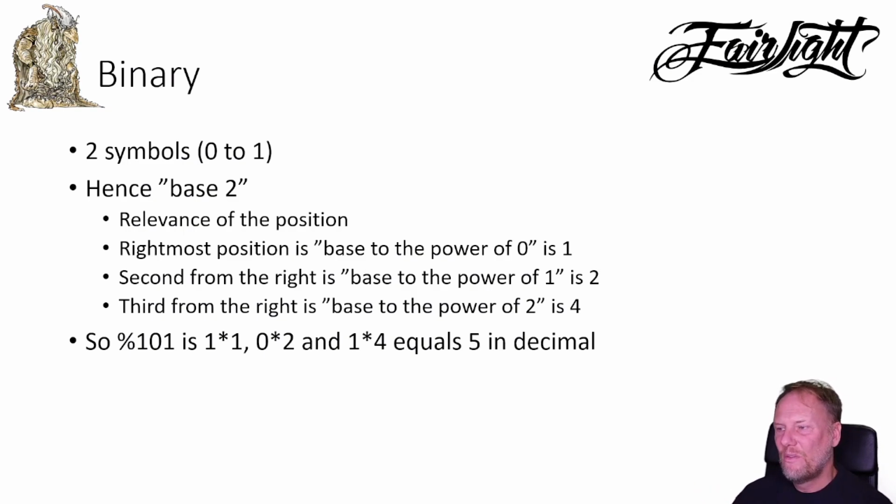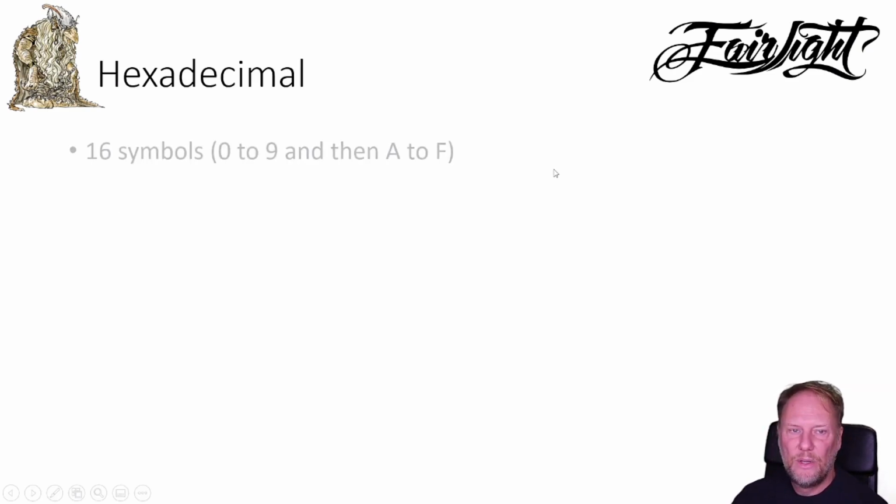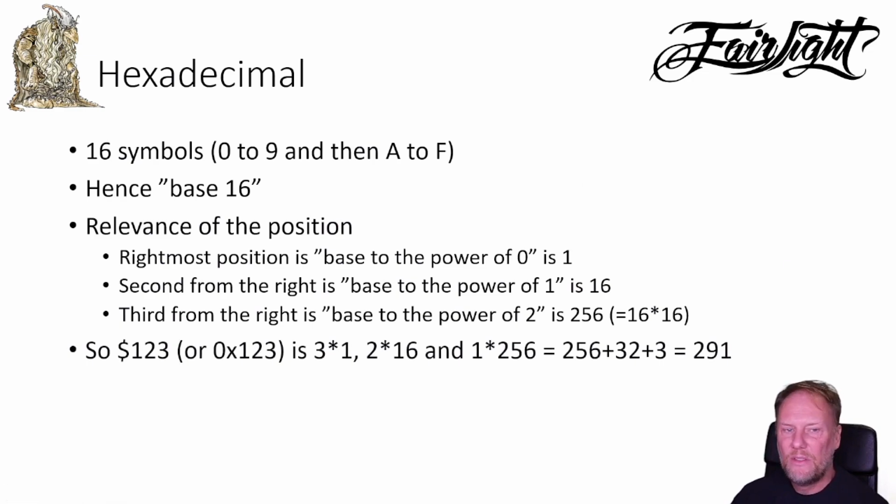And that is a key argument to find something which expresses binary in a way which is more convenient for us humans. This is why we tend to use hexadecimal. Let's go into hexadecimal here. So here we have more symbols. We still use the same 0 to 9, and then we also use A to F. So that makes up 16 discretely different symbols.